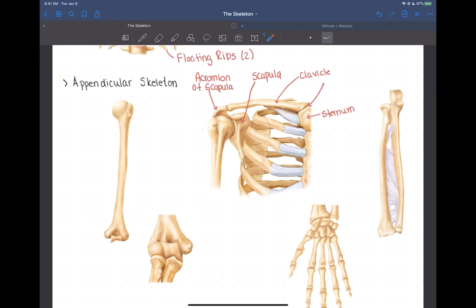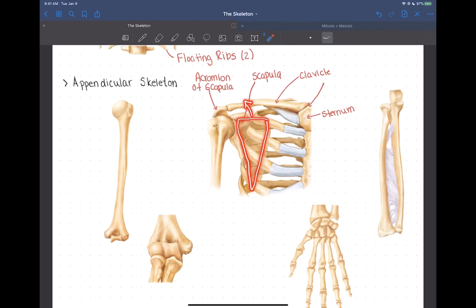So that's why, if you've ever been in a car accident or you know someone who has, and you put your hands straight out in front of you, maybe against the steering wheel, the force from that accident is going to push on your humerus that's extended out. That is going to push back your scapula, which is not attached to anything, away from your ribs. It's just muscles holding it in place.